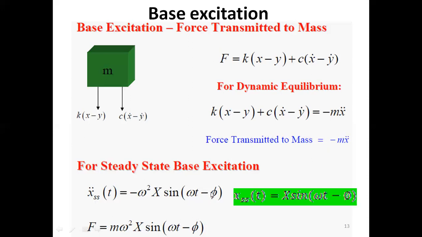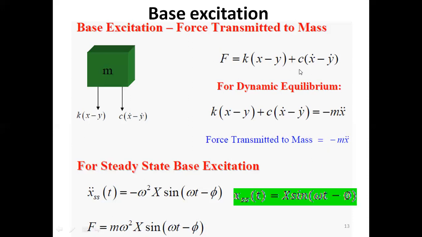Plugging this into this equation, we have a minus sign here and a minus sign here, so it becomes plus, and we have the mass m. So the transmitted force in terms of mass is equal to m omega square X sine(omega t minus phi).